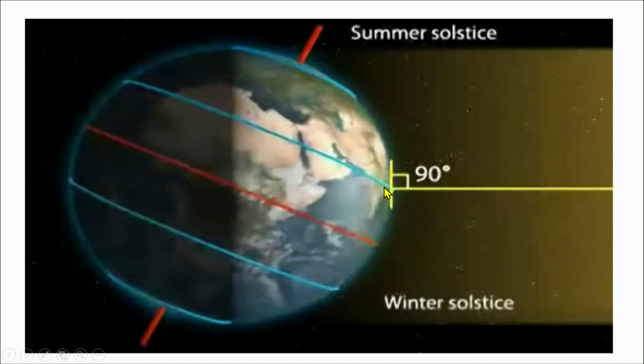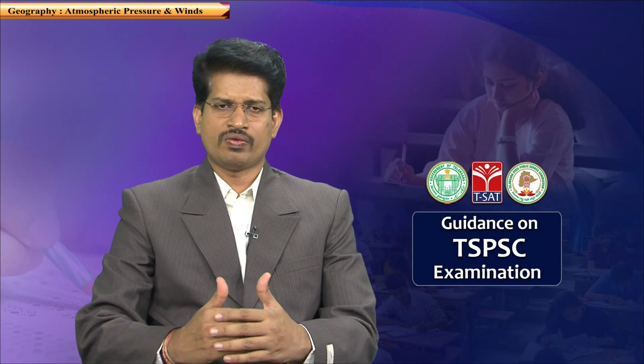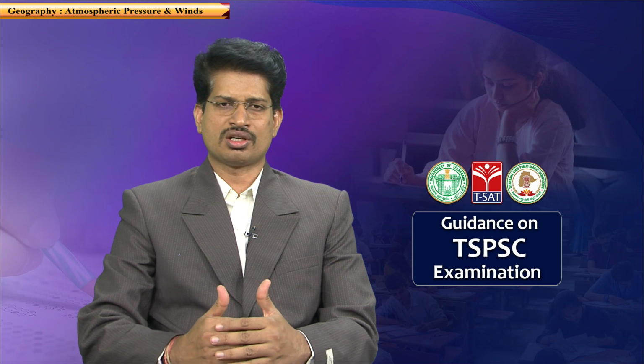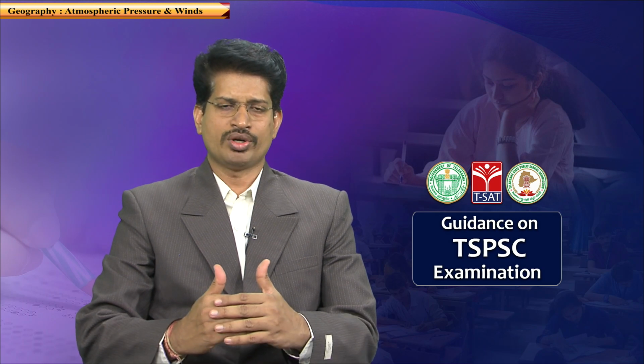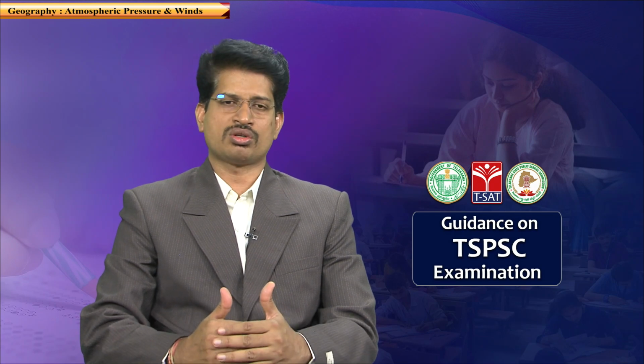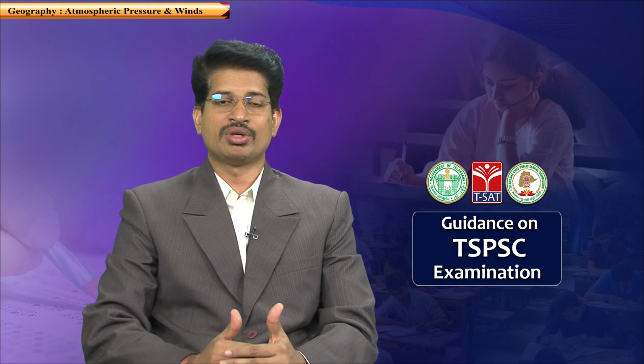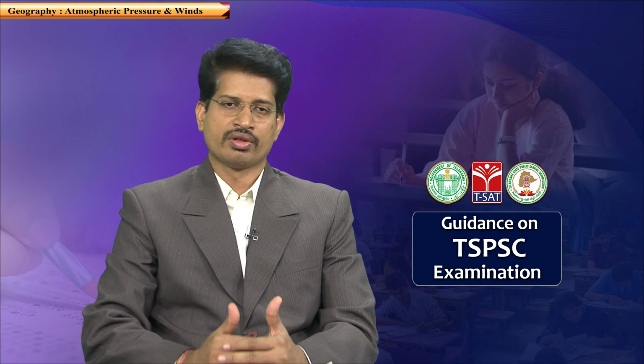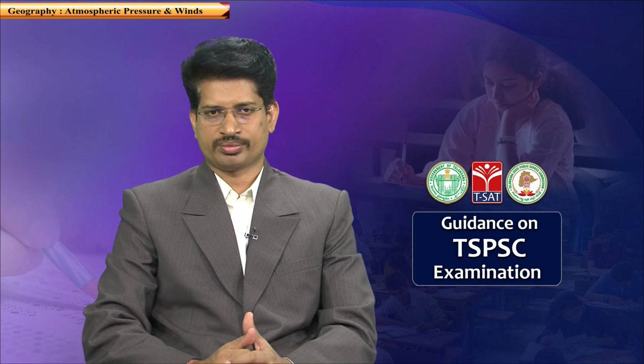The opposite happens in winter in the northern hemisphere: the perpendicular incidence of solar radiation goes to the Tropic of Capricorn. So, the ITCZ will not always be on the equator. Depending upon the seasons, it will oscillate to the north and south of the geographical equator because of the shifting of the thermal equator, because of the apparent migration of the sun.